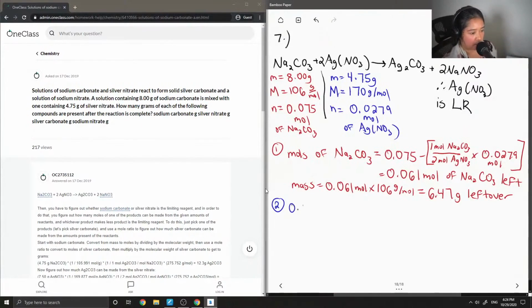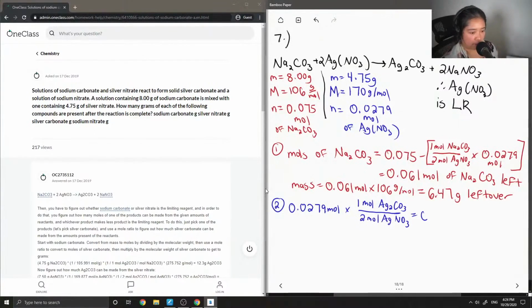So since our limiting reagent is the silver nitrate, I'm going to write that down. And then I'm going to do my molar ratios. 1 mole of the silver carbonate product is formed with every 2 moles of the limiting reagent.